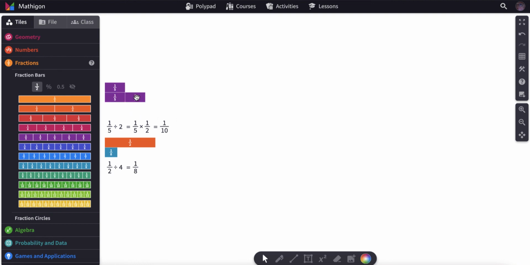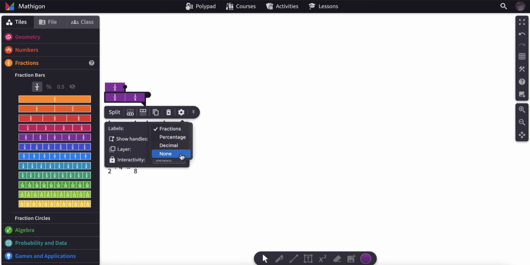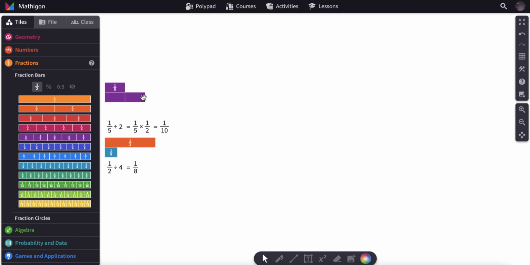Now again, I'm going to take the fractions off. So this is now 1/5 of 2. And we want to know how many of these fit into 1/5. And you can actually see that only 1/2 of that fits into there. And there's your 1/2 right there. 1/5 of the original piece we were dividing into fits halfway into the original piece that we were dividing.